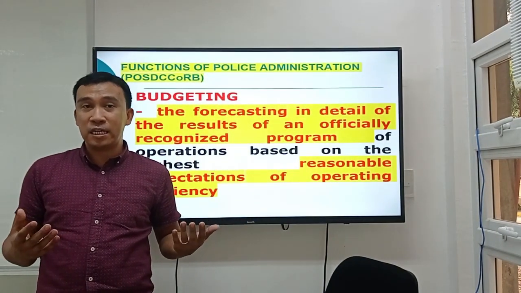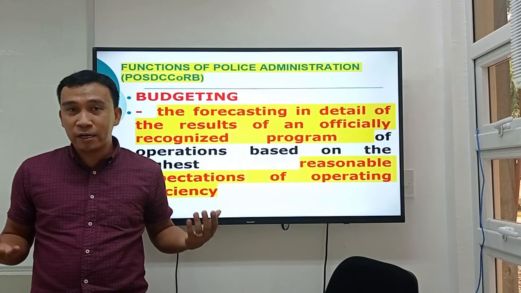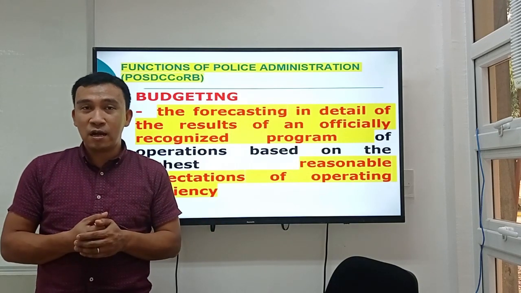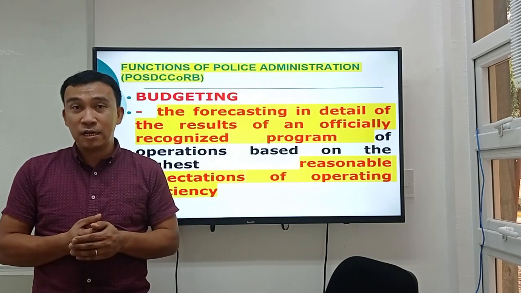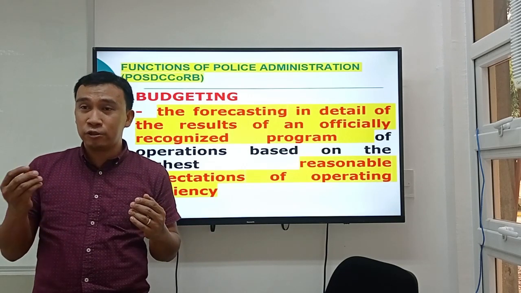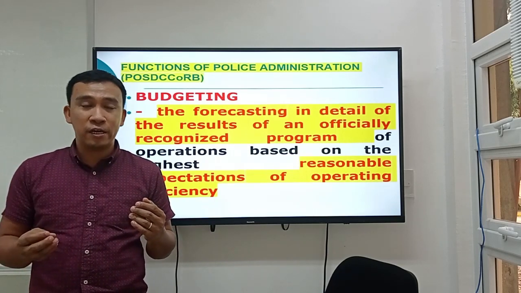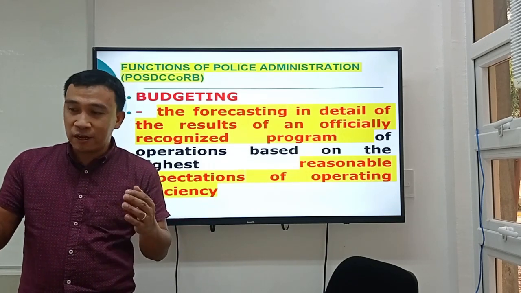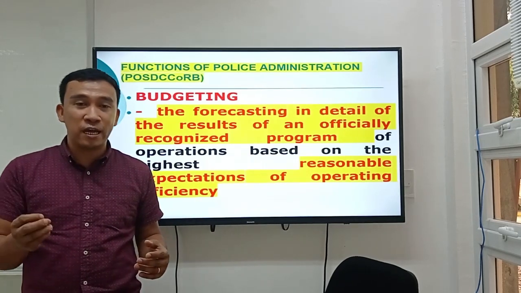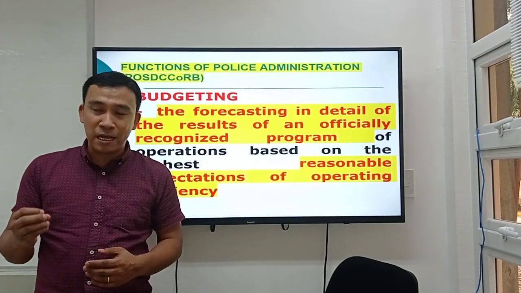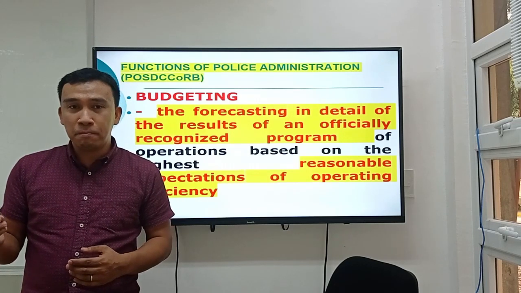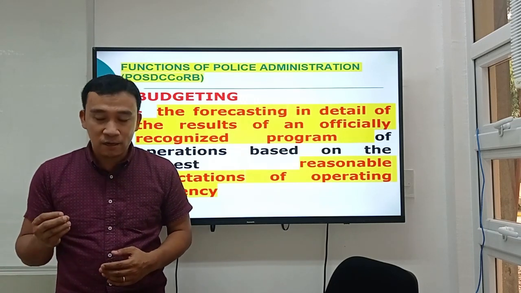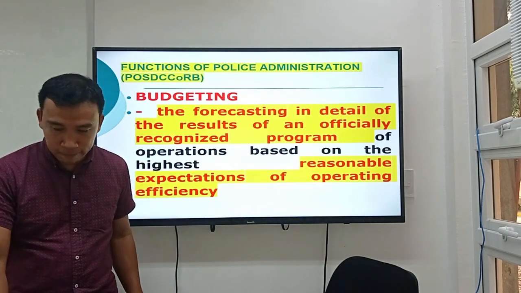Budgeting, isa sa napakahalagang area or function ng administration is budgeting, allocation of funds, allocation of resources to different units based on their projects, based on their accomplishment, and based on their targets. Okay? Budgeting.